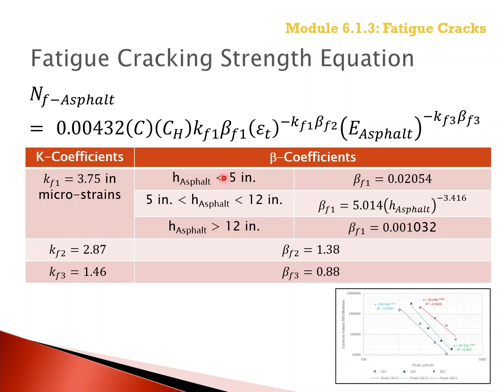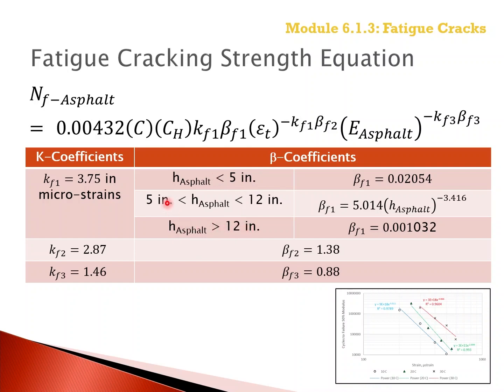relatively thin asphalts, less than 5 inches in thickness. And then that beta coefficient is thickness dependent. So it's constant for less than 5 inches in thickness. It's also constant for greater than 12 inches.